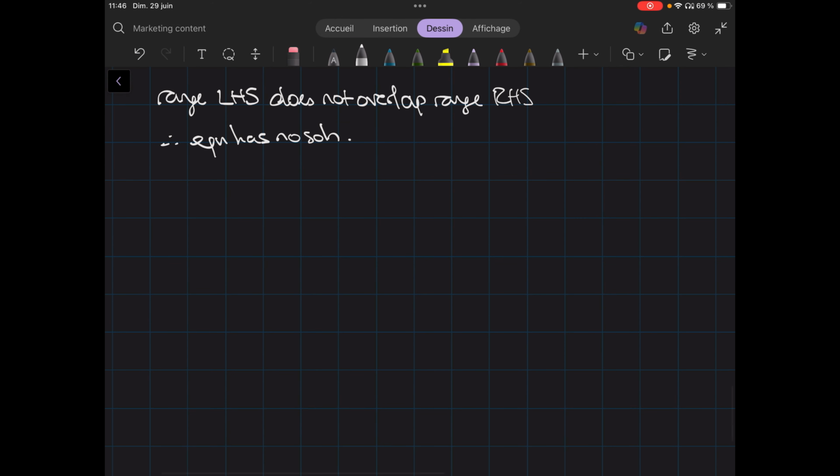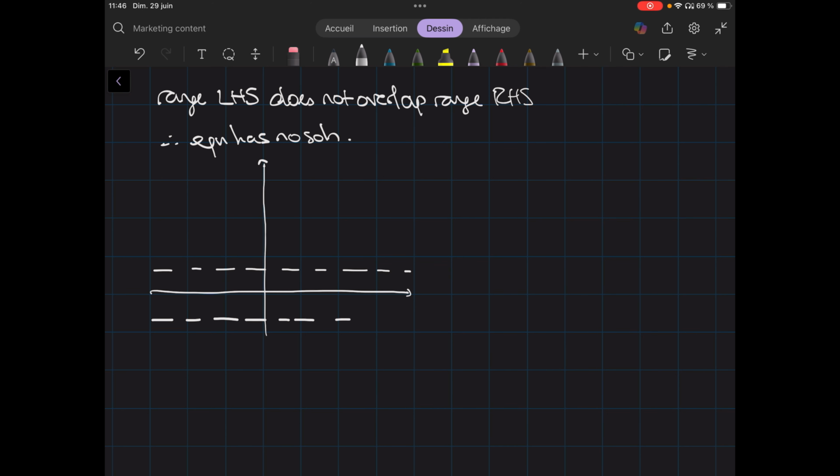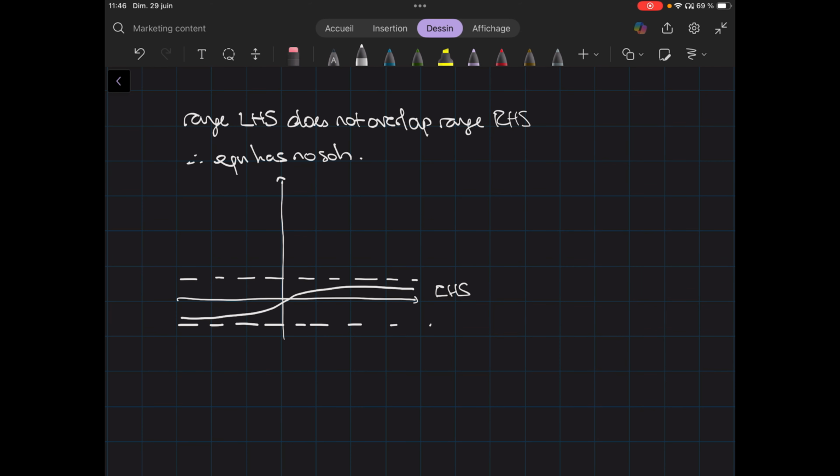If you would like to have a visual representation of this, it is not drawn to scale, obviously, but just to give you an idea of what we were trying to do. This is our left-hand side. We know that the maximum is at 1 by 2, and the minimum is at negative 1 by 2.